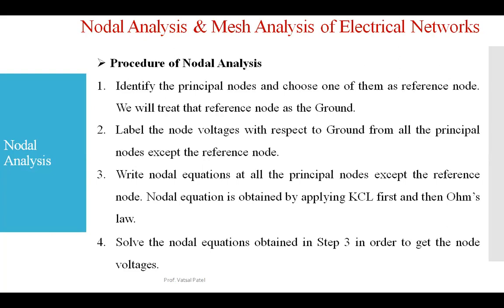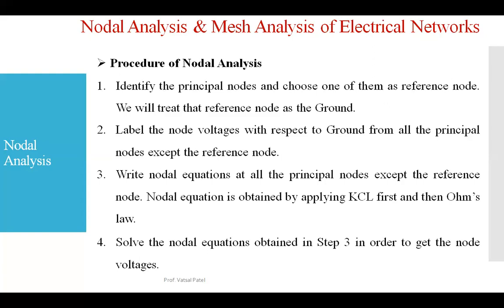Then the second step is to label the node voltage with respect to ground for all the principal nodes except the reference node. That indicates that whatever principal nodes we have selected in the system, we have to give them names. Then the third step, which is very important, is to write down the nodal equation at all the principal nodes except the reference node.